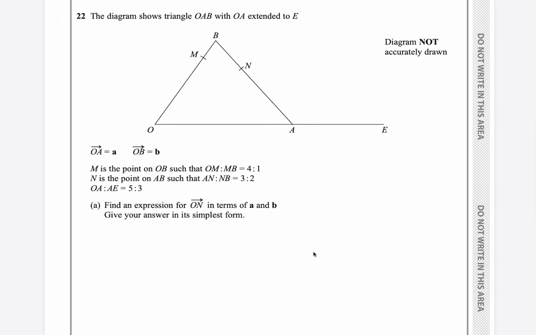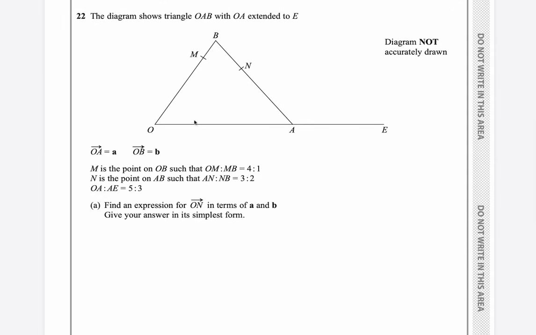Question 22. The diagram shows triangle OAB with OA extended to E. OA is A, OB is B. M is the point on OB such that OM to MB is 4:1.